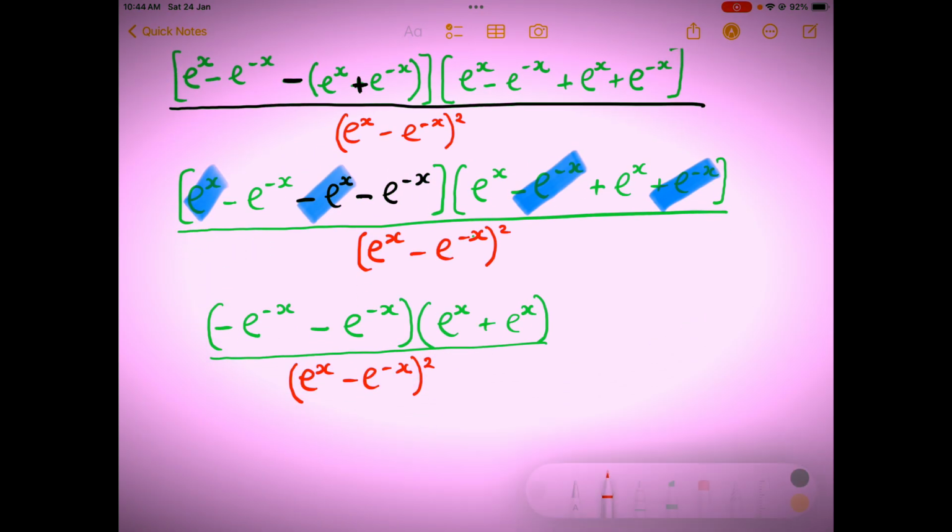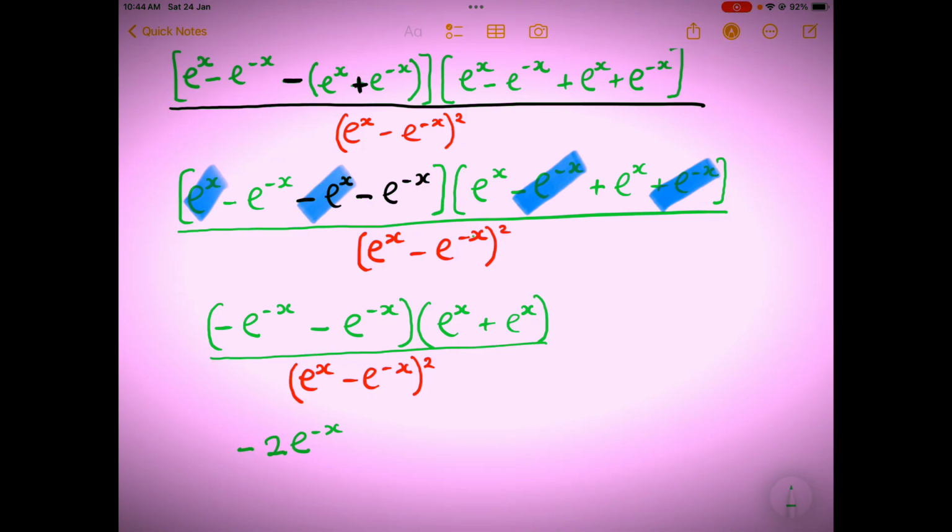So now from here, the first bracket, I can write it as minus 2e^(-x). Imagine if I have negative 5 minus 5, that will give me negative 10. So if I have negative 1 e^(-x) minus 1 e^(-x), that will give me what?